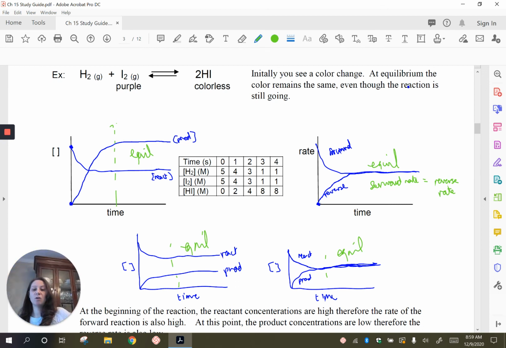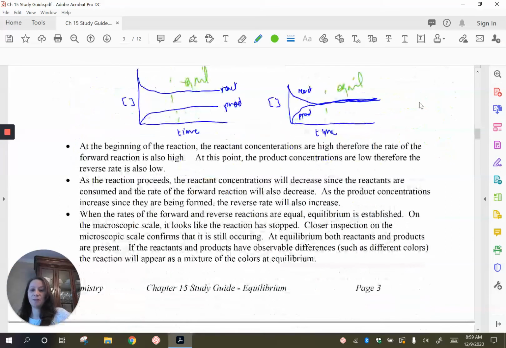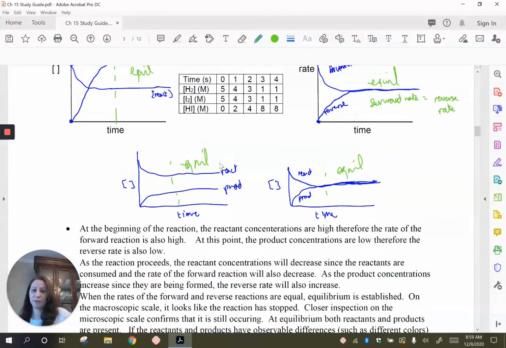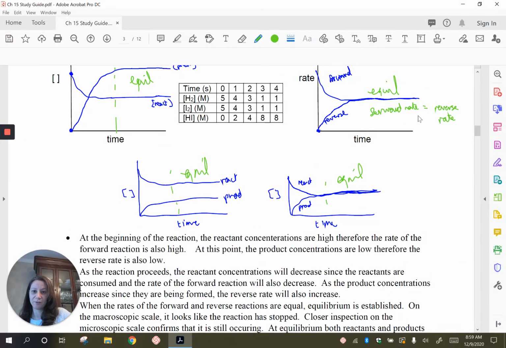Okay, so down here is basically what we had just talked about. It walks you through these two graphs, or sketches. At the beginning of a reaction, the reactant concentration is really high, and therefore the rate of the forward reaction is pretty high. At this point, the product concentration is very low.